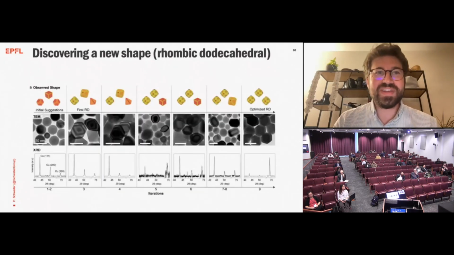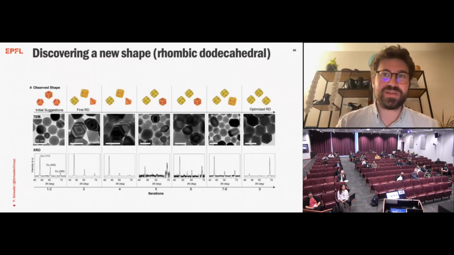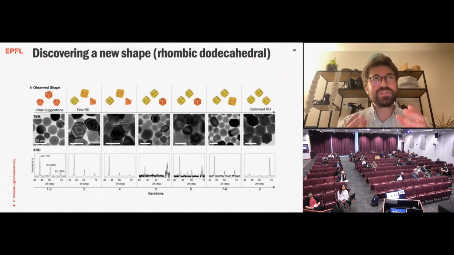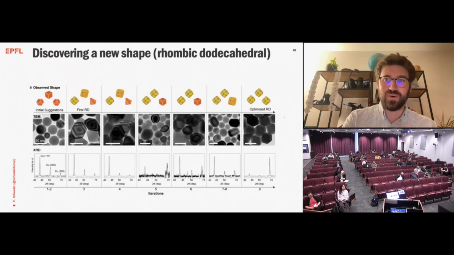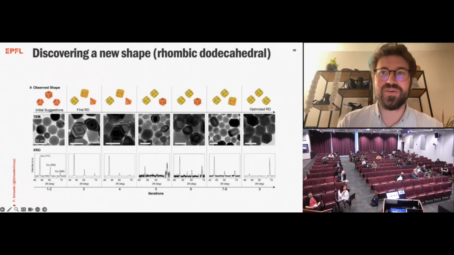So basically what we did next is to target a shape, rhombic dodecahedral, which was only reported for gold, for example, but never previously reported for copper. And there again, in the third iteration, we observed rhombic dodecahedral for the first time, but it was a very mixed sample with plenty of different shapes.